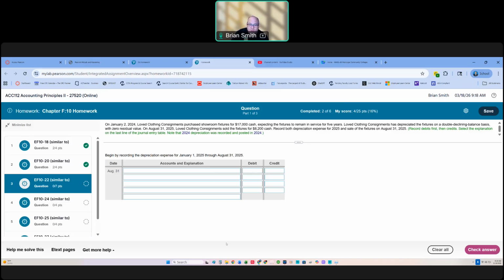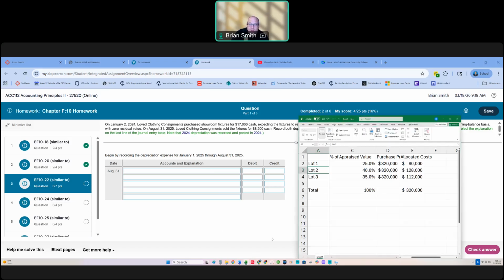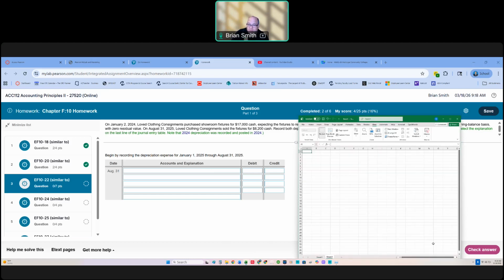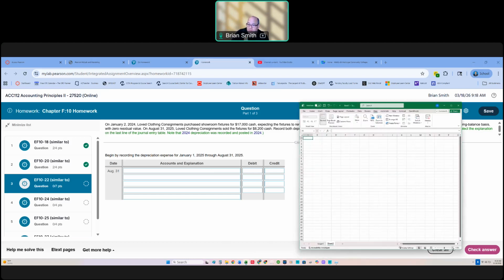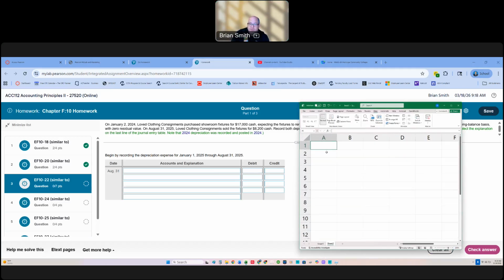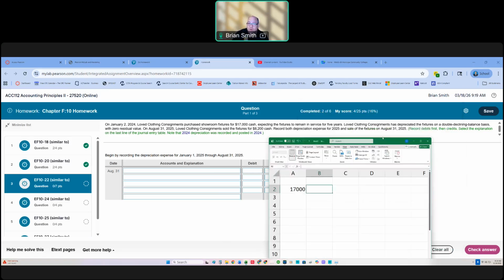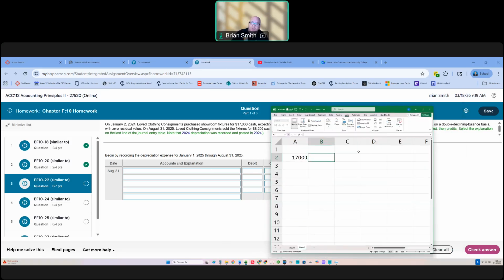All right, well, we're using the double declining balance method. So I'm going to break out my Excel because I don't want to mess this one up. So for some reason, we decided to do the double declining balance method, which means what's our number of years? 5 years. So that's 1 divided by 5, which is 0.2.